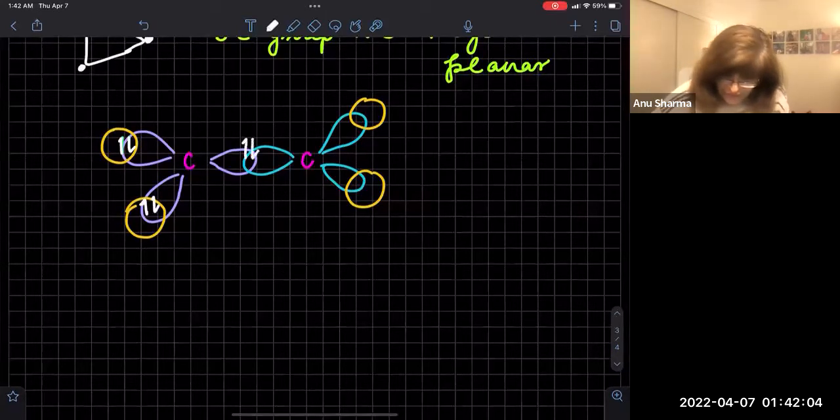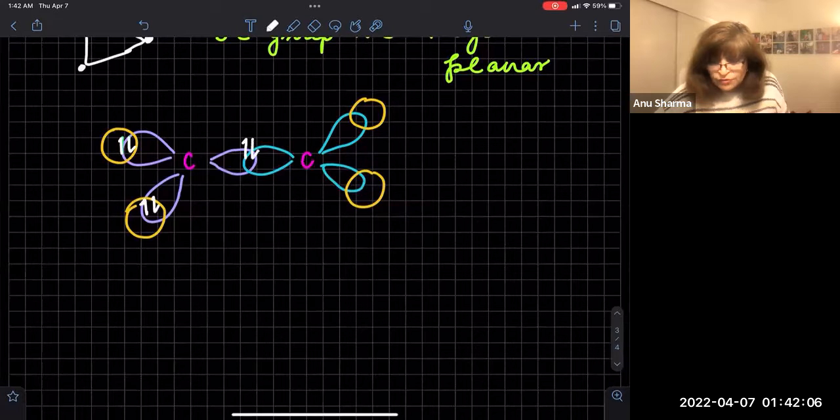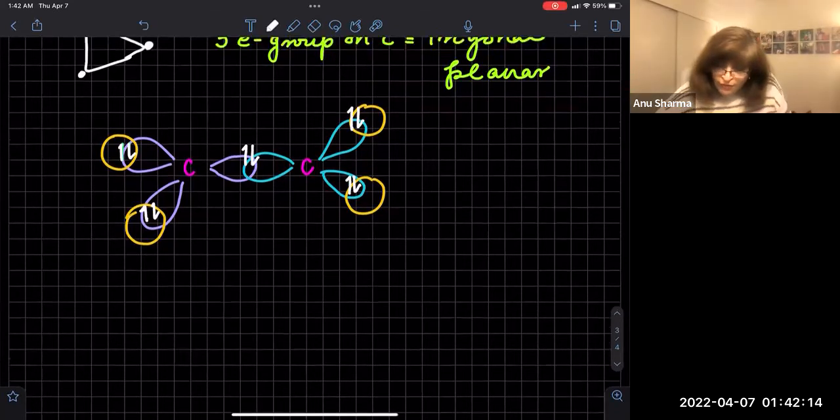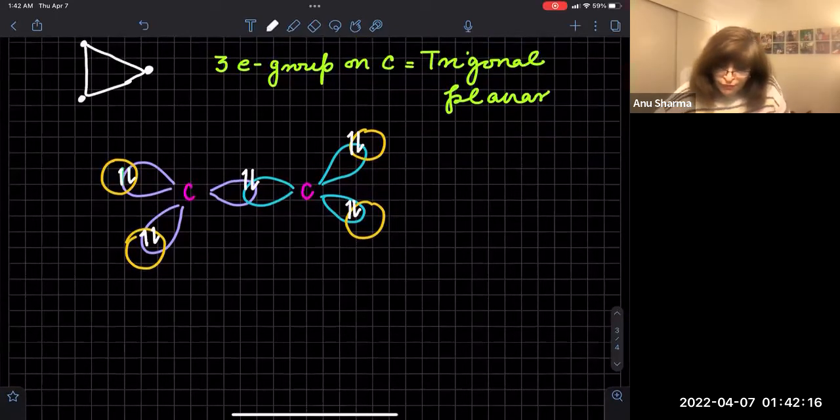Here, 1 electron from one carbon and the other electron from the other carbon. One electron from carbon, another from hydrogen. So in total, 1, 2, 3, 4, 5, 6, 7, 8, 9, 10 electrons have been used.